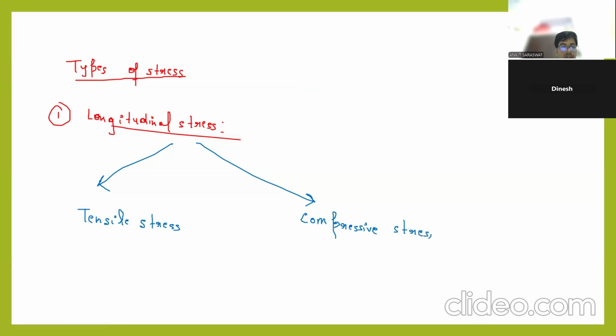Now see. Tensile stress means you are having the rod like this. Tensile simply means you are doing extension. You are taking a rod, rubber band, and applying opposite forces like this. It is going to extend, the length is going to increase.